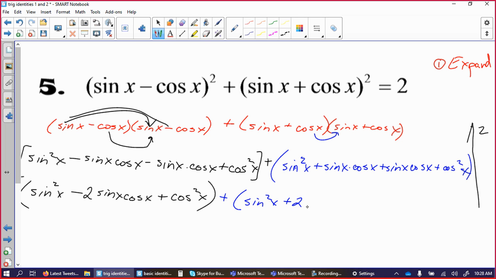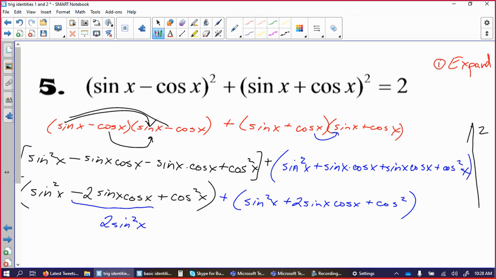In this case, I've got two positive sine x cos x's. Now we need to collect our terms. Positive sine squared x plus sine squared x is 2 sine squared x.